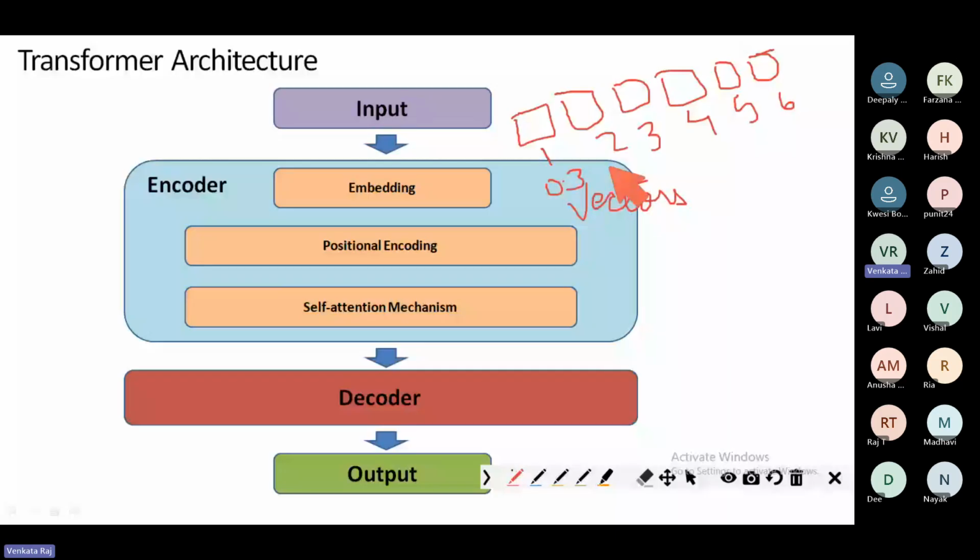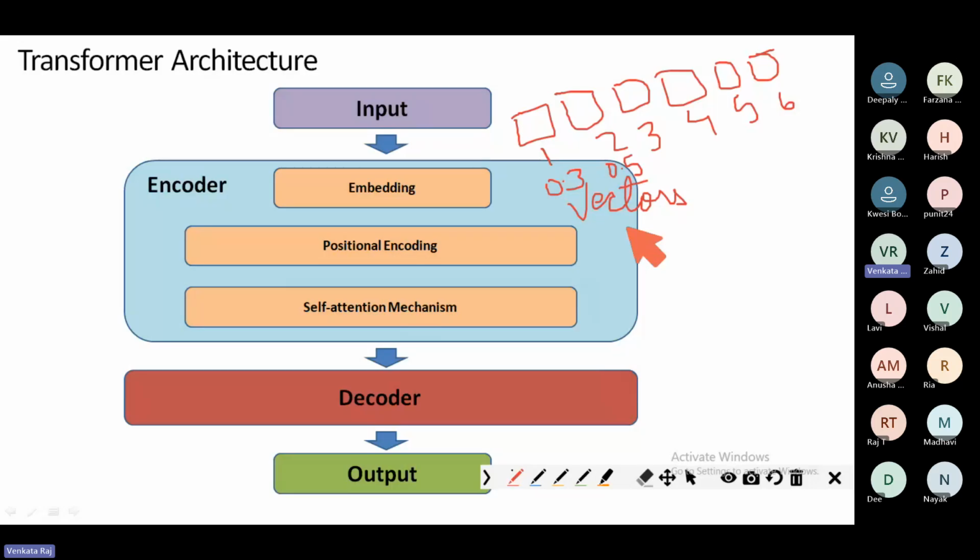So based on that, the positional vector will be assigned so that the position is not lost. Means, as part of the parallel processing, the reference present between all the tokens is not lost.